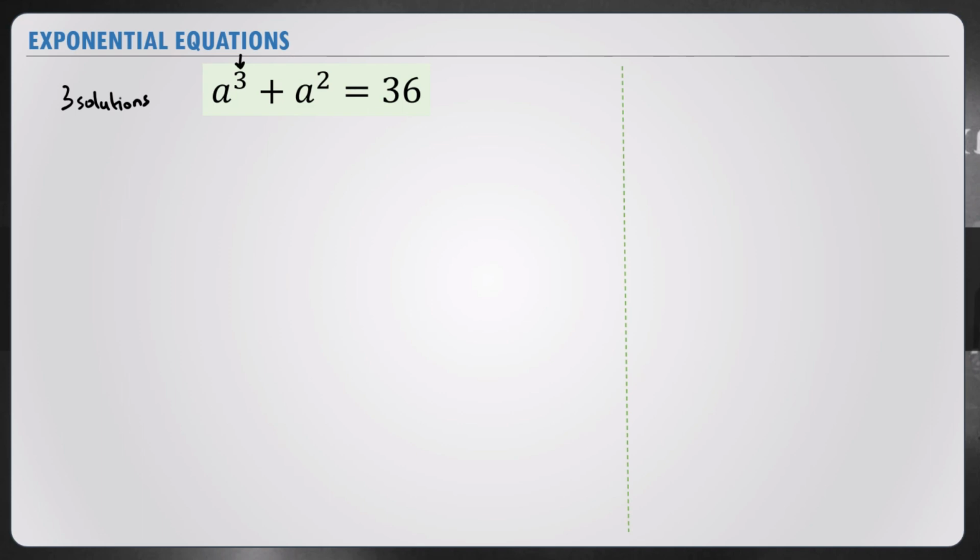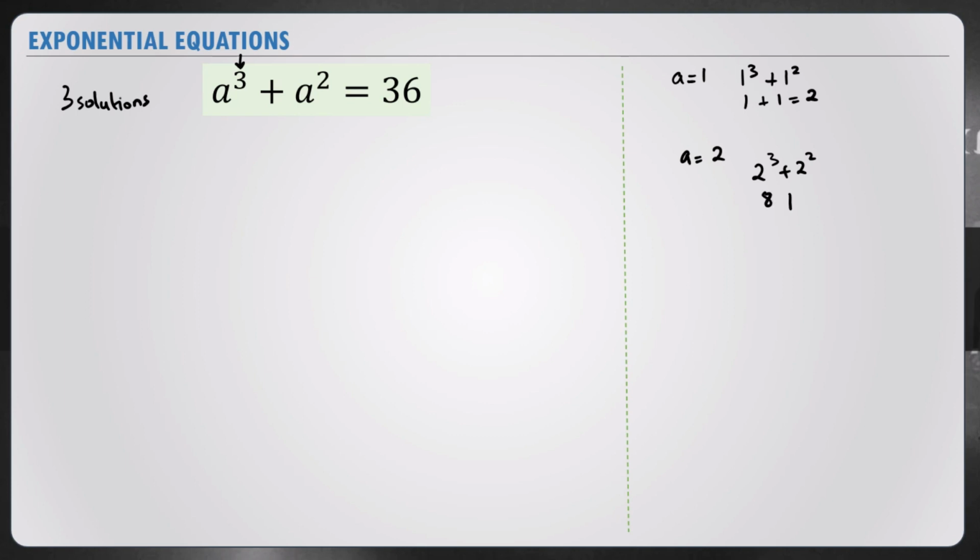So let's simply, because the number 36 is quite small, say if a is equal to 1, is the statement true? So we have 1 cubed plus 1 squared. What do we get? 1 plus 1, which is 2. No, the statement cannot be true. Let's say a is equal to 2. We have 2 cubed plus 2 squared.